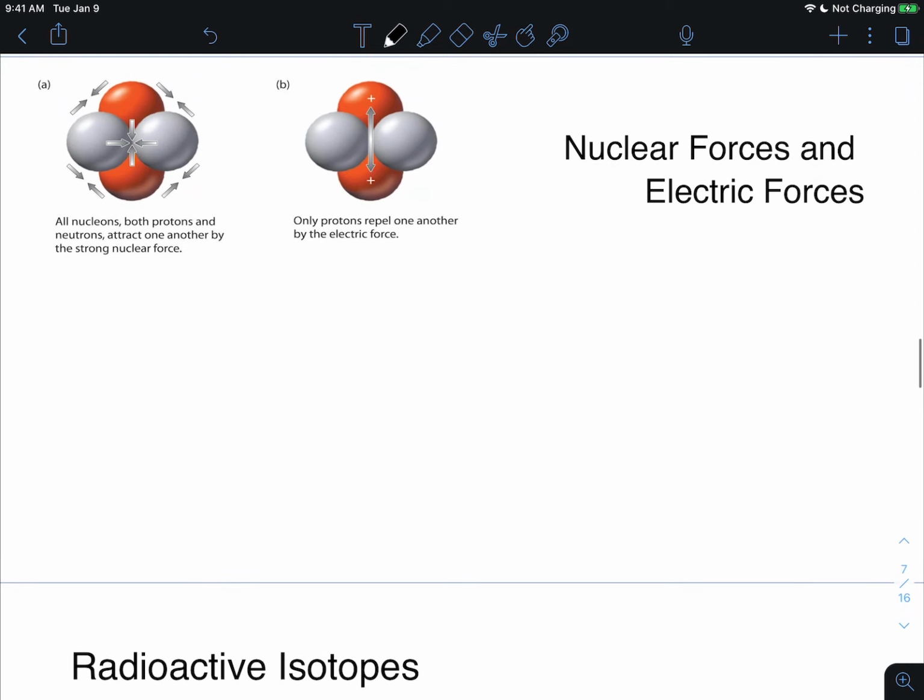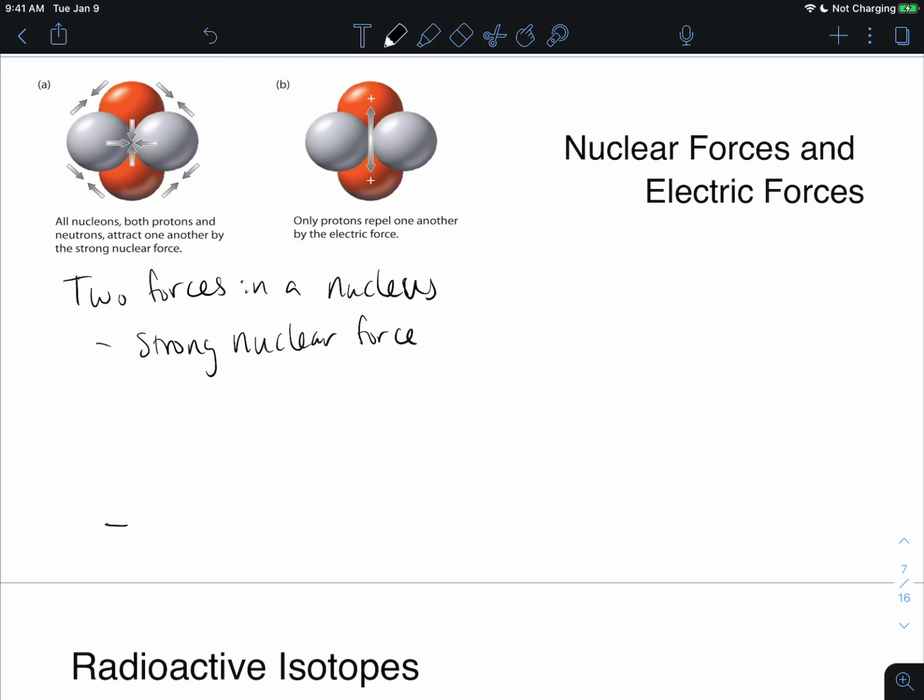So what's going on within an unstable nucleus? When we're thinking about an unstable nucleus, it's due to an imbalance within the nucleus itself. Two forces are going to exist within a nucleus. We have the strong nuclear force, and there's also a weak nuclear force, but we're not going to look at that. And then there's also the electric force.